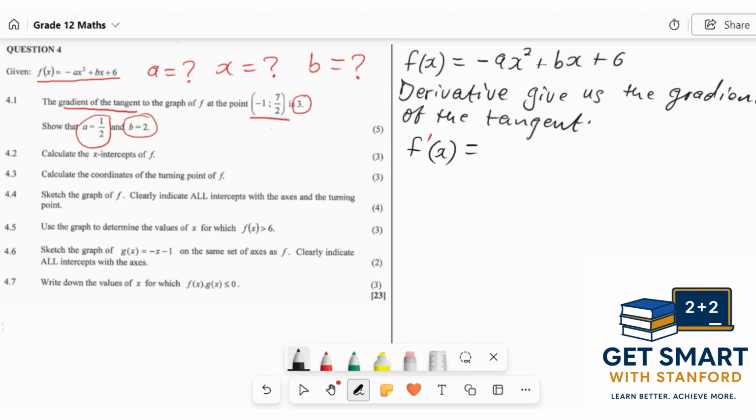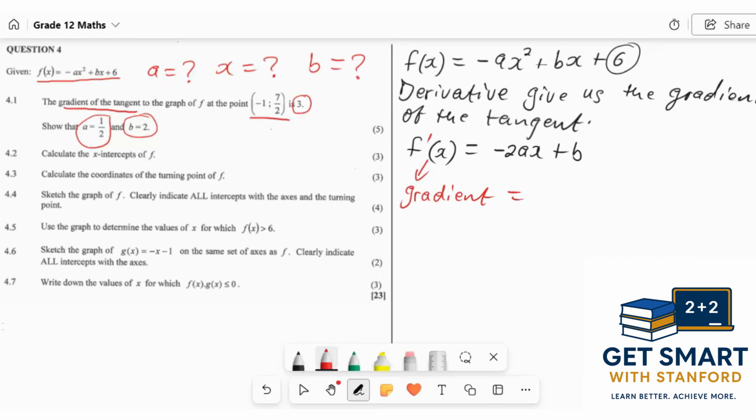So when we differentiate here, we're going to have minus 2ax plus b, as the constant is going to be 0 when we differentiate the constant.